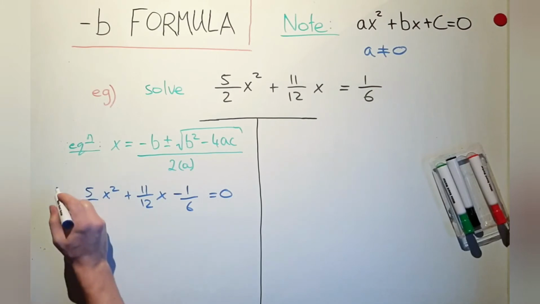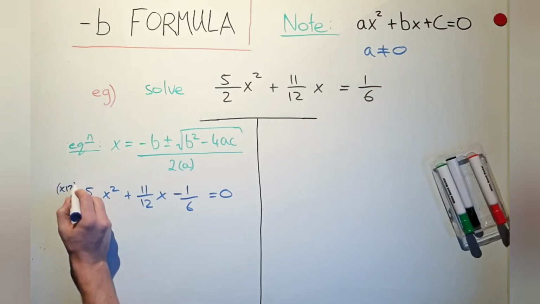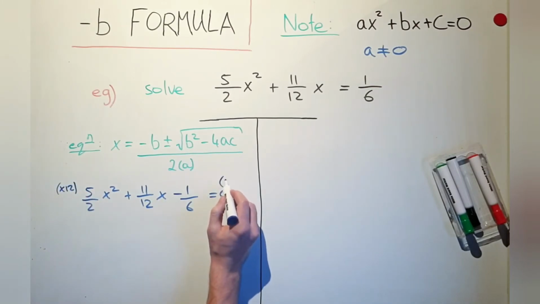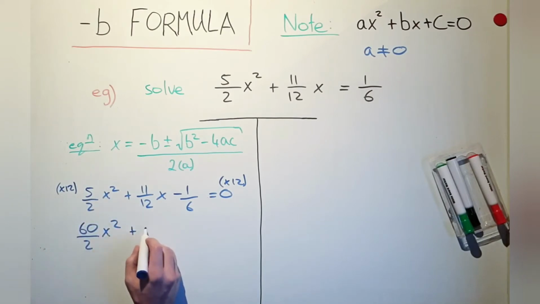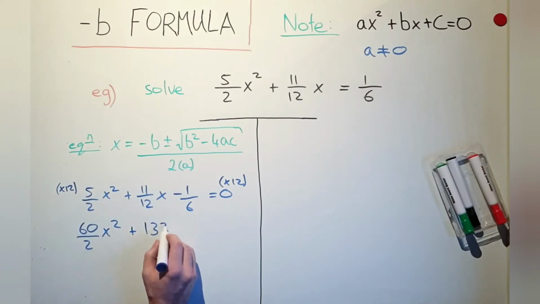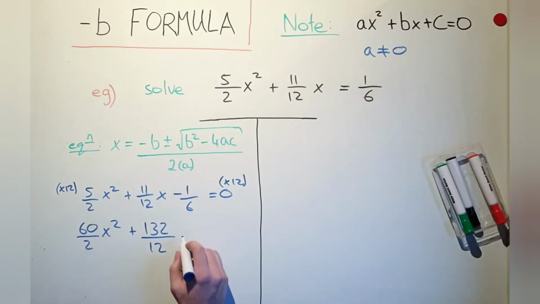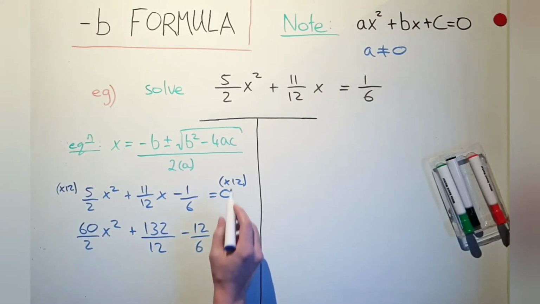I'm going to multiply the whole left hand side by 12, and whatever I do on the left I have to do to the right. So 12 multiplied by 5 over 2 is 60 over 2 x squared. 12 multiplied by 11 is 132 over 12, and then 12 by minus 1 is minus 12 over 6, equals 12 by 0, which is 0.